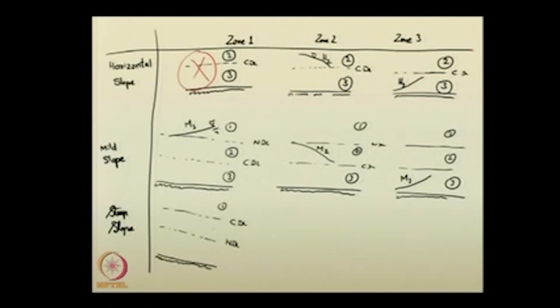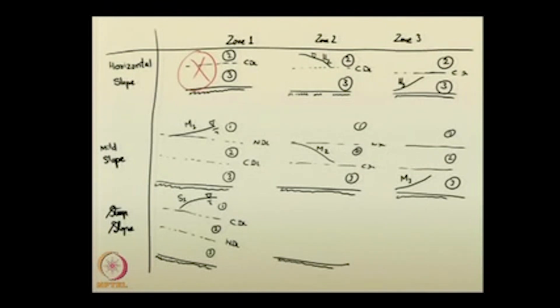So, here the zones are 1, 2, 3. From the critical depth a profile exists like this. Usually a jump occurs from the normal depth line to the critical depth, then a gradually varied flow profile occurs, and this profile is called S1.